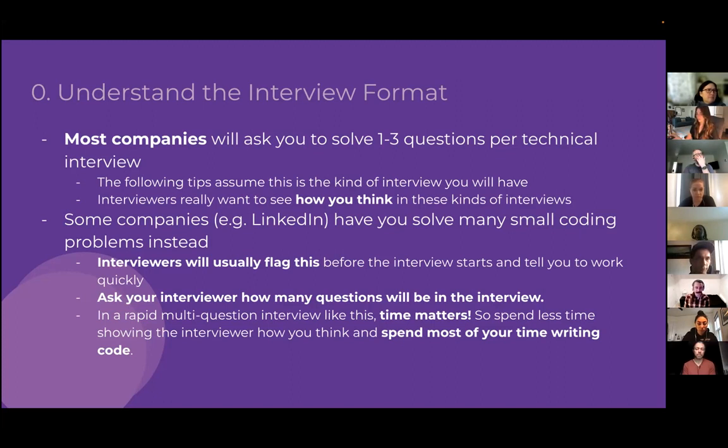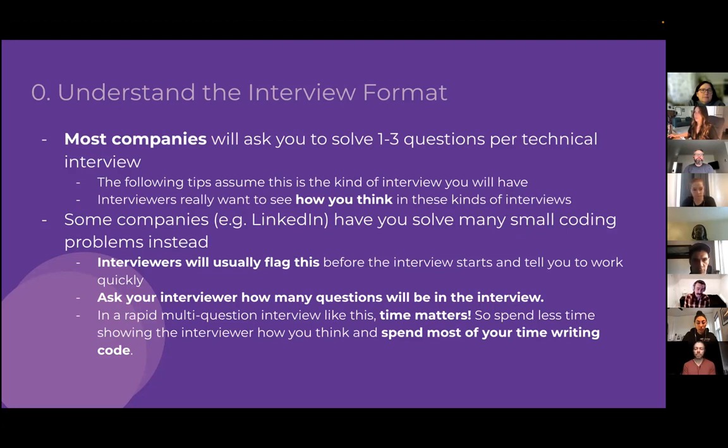Frequently that can happen. But some companies, on the other hand, like LinkedIn is a really good example of this, might go for more of a quantity over quality approach where they have you solve a lot of small coding problems instead. Usually if that's going to be the kind of coding challenge, the interviewers will flag this before the interview starts and tell you to work quickly and that you're trying to get through as many as you possibly can.